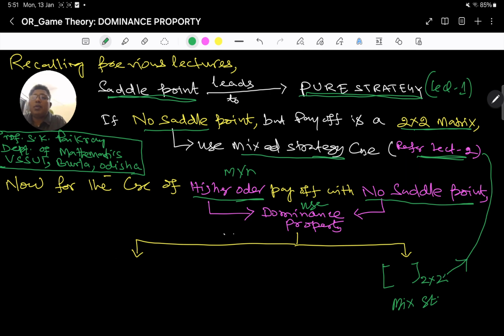Now suppose we get m cross 2 or 2 cross n. In that case we use the graphical method, and you reduce to 2 cross 2 if possible.